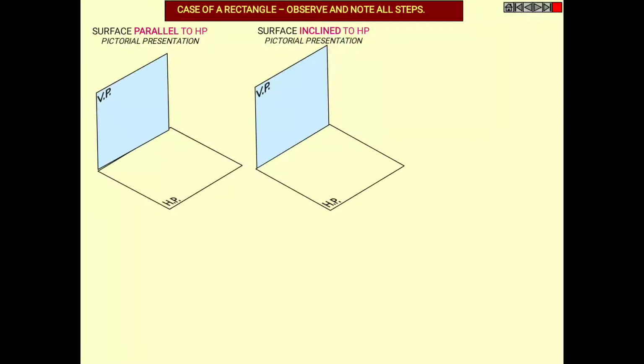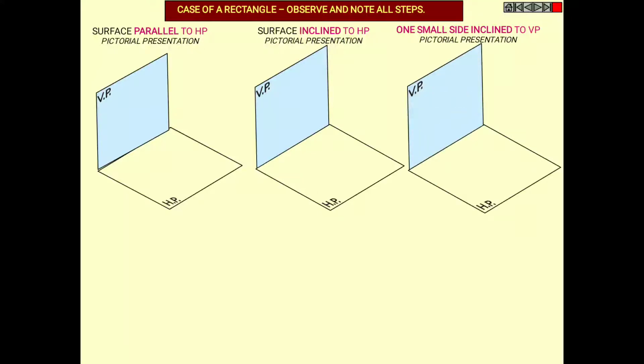Similarly, surface inclined to HP. Firstly, surface parallel to HP. Secondly, surface inclined to HP. And thirdly, one small side inclined to VP. So there are three representations which I am going to show you in the case of a rectangle.